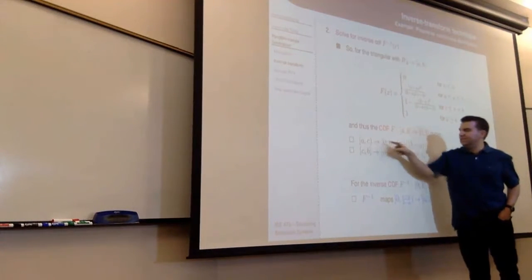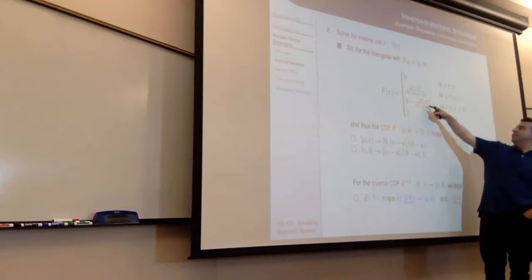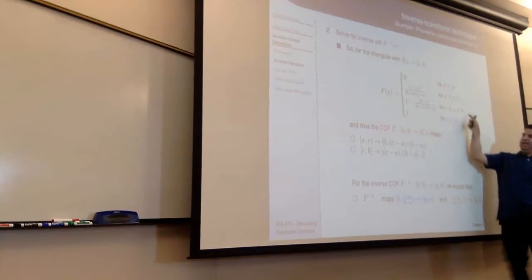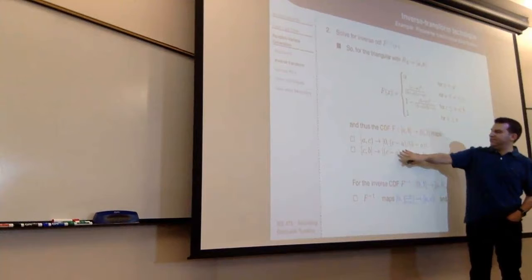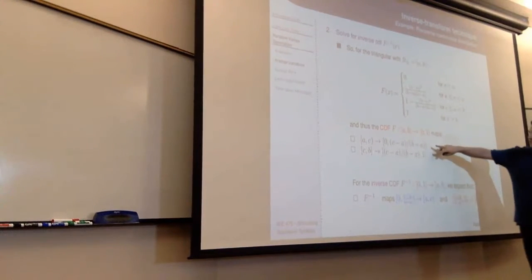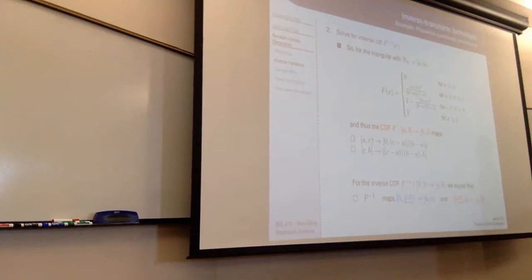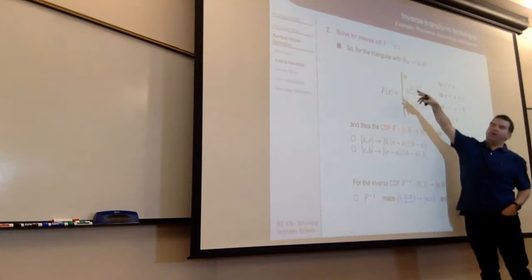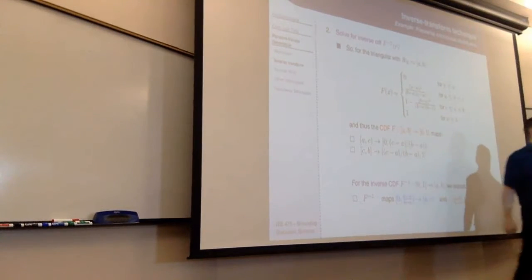So I could plug in a C and see what it maps to. This one maps outcomes C to B to probabilities from this midpoint all the way to 1. Now I just need to invert on these 2 ranges. I just set this range equal to R and solve, and this range equal to R and solve.